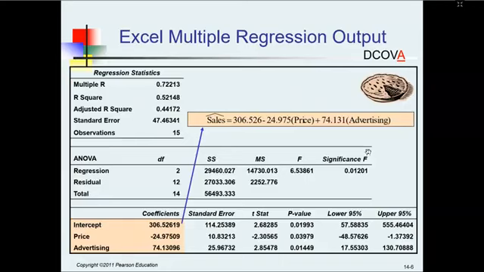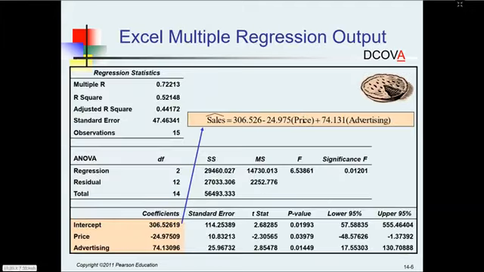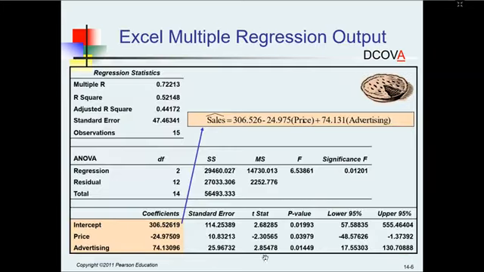From the Excel output, this is alpha, 306.52619. And beta 1 is the coefficient for price. Then beta 2 is the coefficient for advertising.